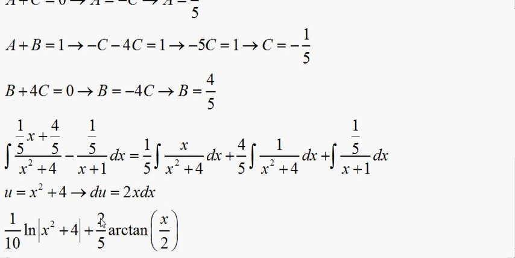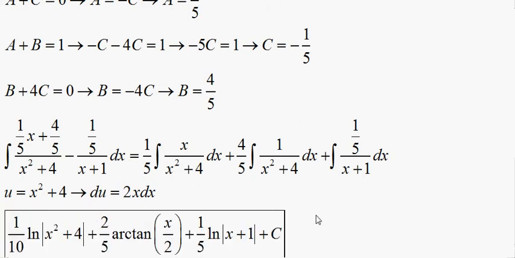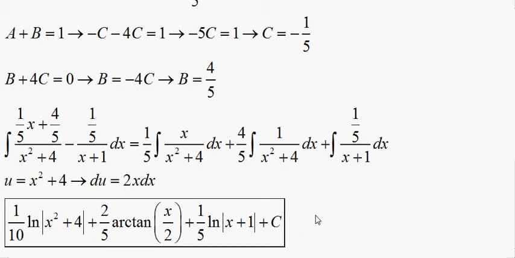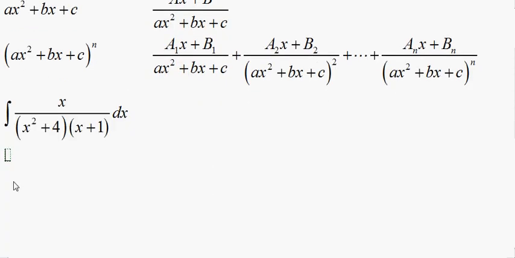And then, of course, this last one is just 1/5 natural log of x plus 1, and then plus c, and there we go. So you notice how they can get a little bit more tricky. Well, that's your answer. Okay, not too bad.